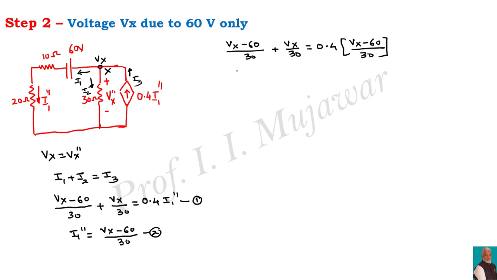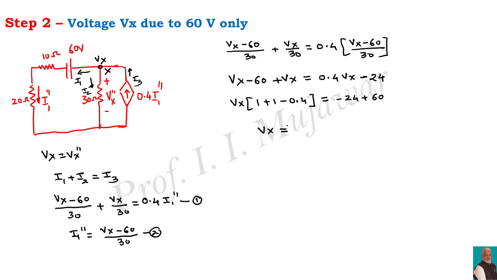Now the 30 gets cancelled, so the terms come out to be Vx minus 60 plus Vx is equal to 0.4 Vx minus 24. Taking Vx outside, it is (1 plus 1 minus 0.4) Vx is equal to minus 24 plus 60. Solving for Vx, Vx comes out to be 22.5 volt.